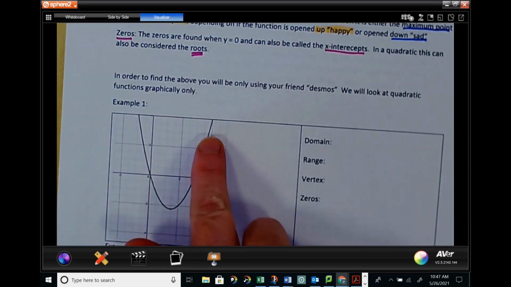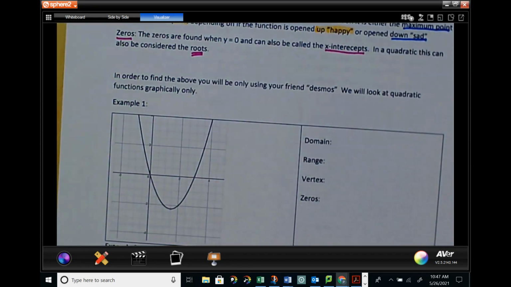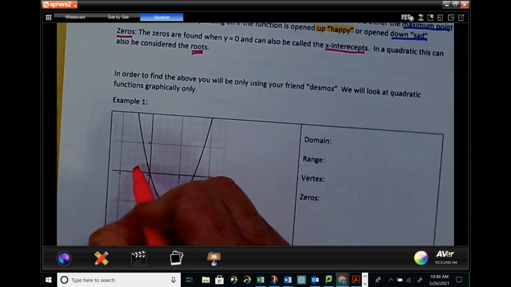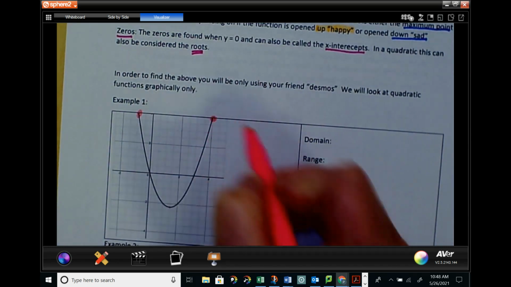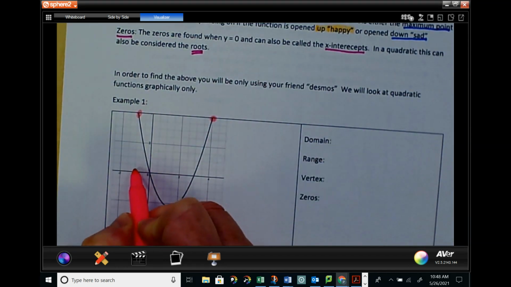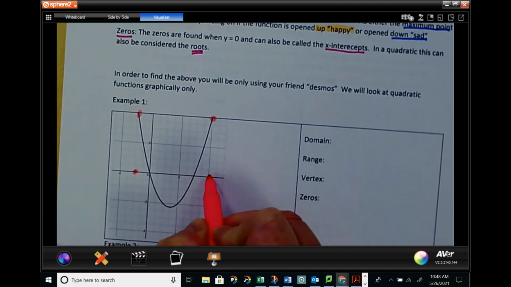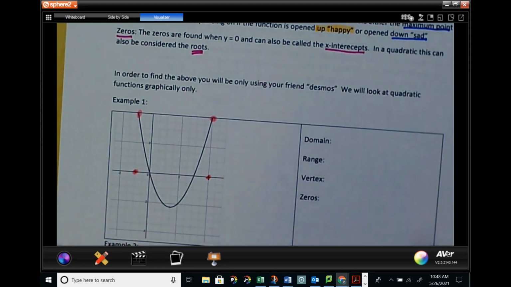So in this case, we're looking at the domain. If I look, this graph stops right there and right there. I'm going to look at my x-axis, and I'm going to bring those points straight down.